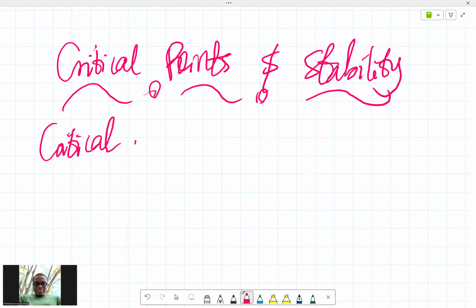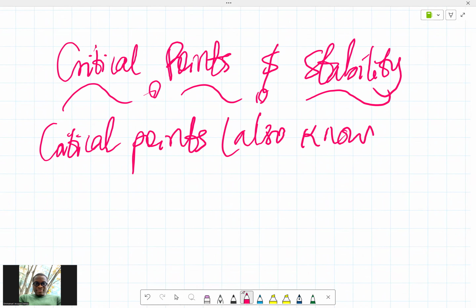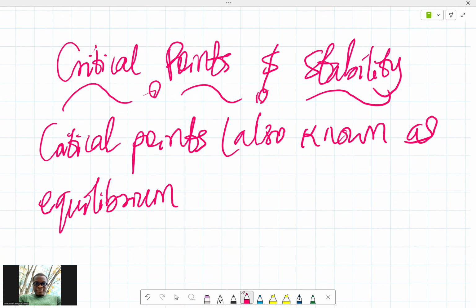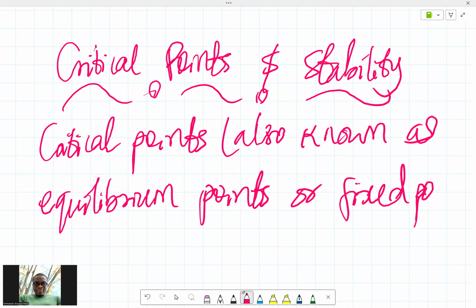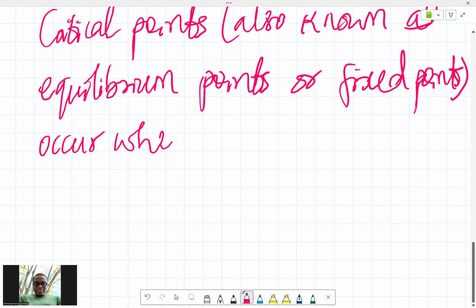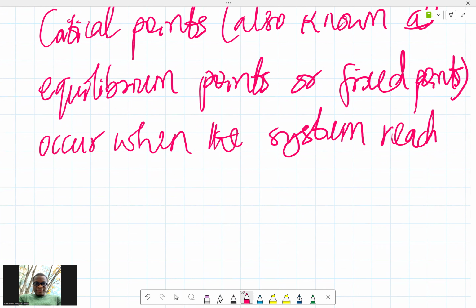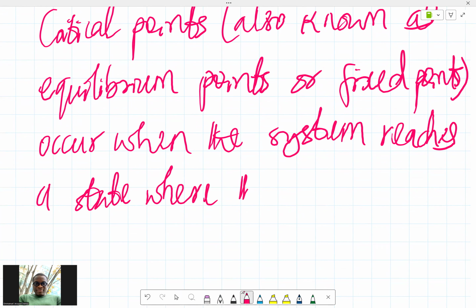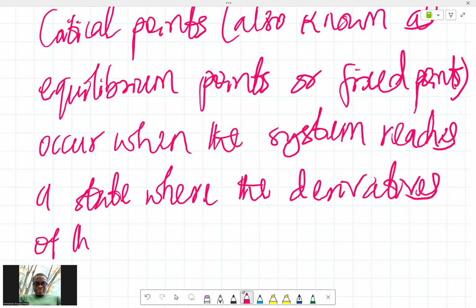Critical points, which are also known as equilibrium points or fixed points, occur when the system reaches a state where the derivatives of the variables are zero.